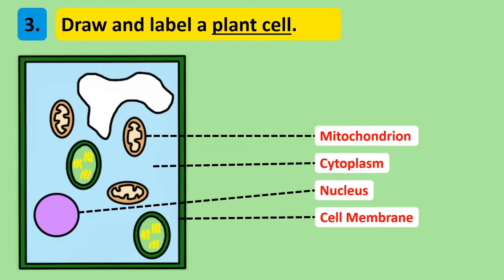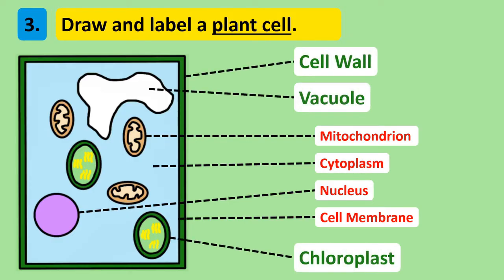It turns out that plant cells have a lot of the same things that we have in our animal cells. They also have mitochondria, a cytoplasm, a nucleus, and a cell membrane that do the same things for a plant as they do for us. But what makes plant cells different is that they also have a few extra things that we don't have. They have a cell wall, a large vacuole, and chloroplasts.